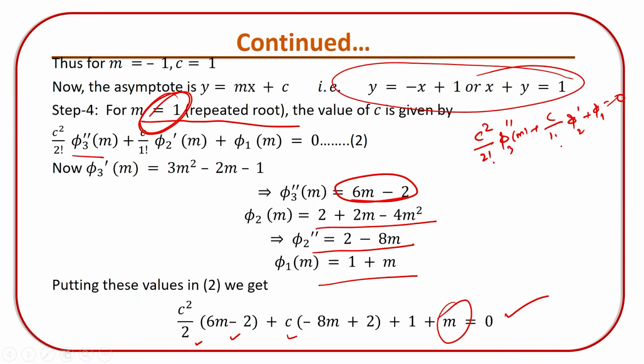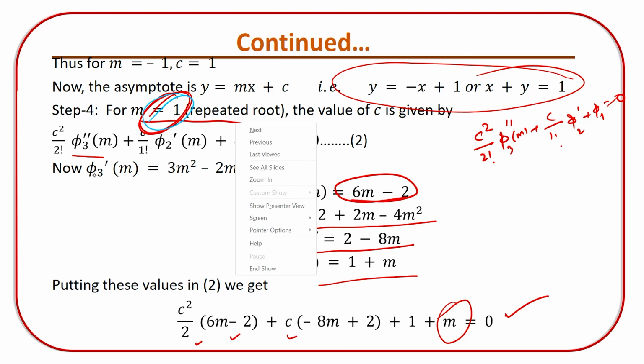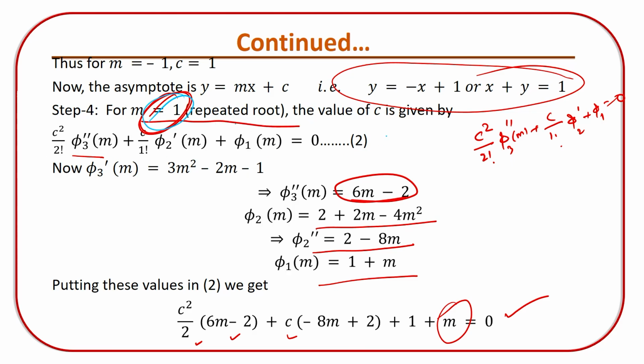Similarly, what was the repeated root? m equal to 1 is the repeated root, and hence I have to use this formula: c square by factorial 2 phi 3 double dash(m) plus c by factorial 1 phi 2 dash(m) plus phi 1(m).